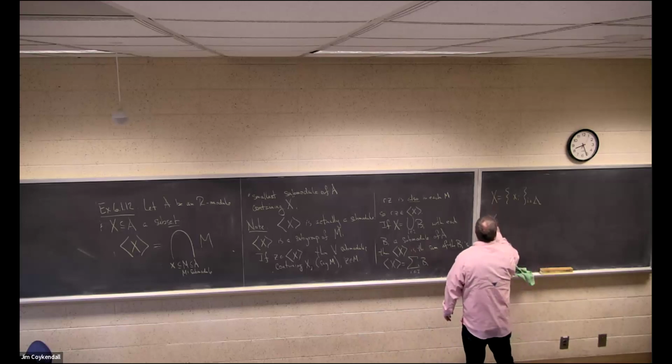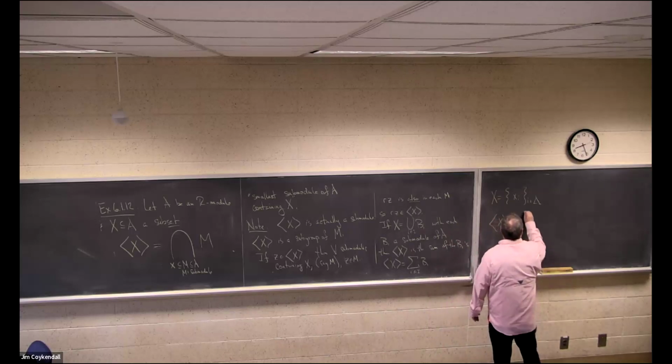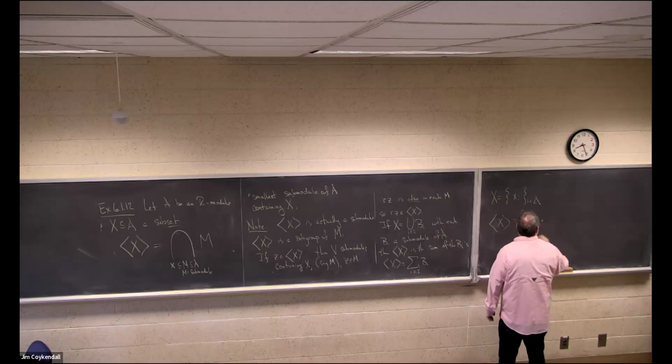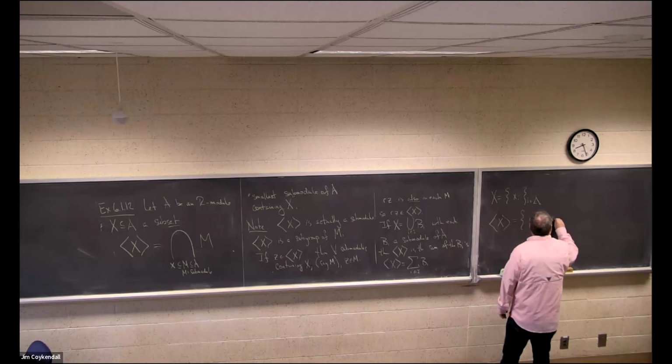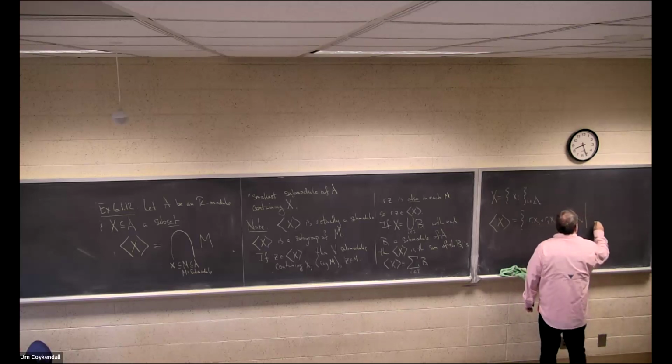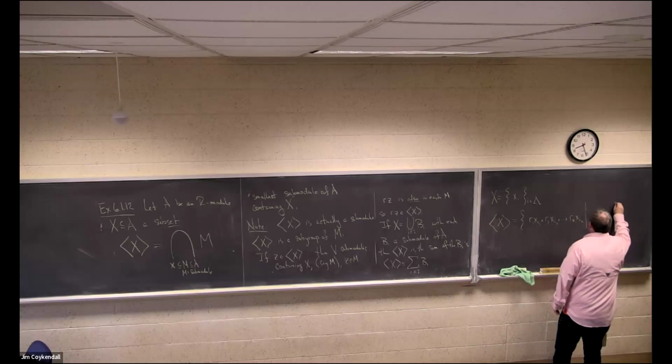Then, the working part, you might verify for yourself it's true, this is the set of all r_1 x_{i_1} + r_2 x_{i_2} + ... + r_k x_{i_k}, where r_i is in R and i_j is in the index set.